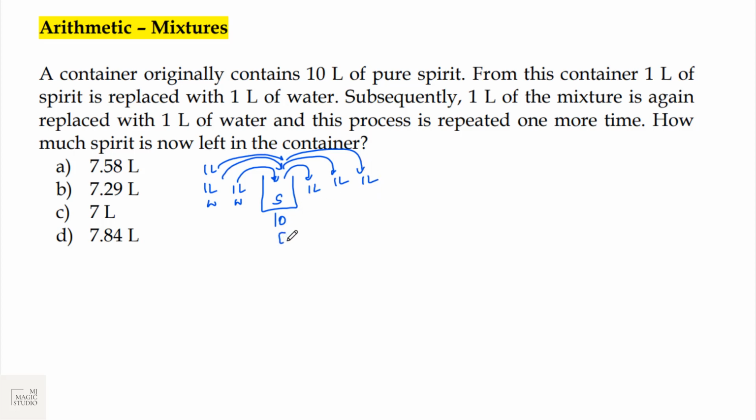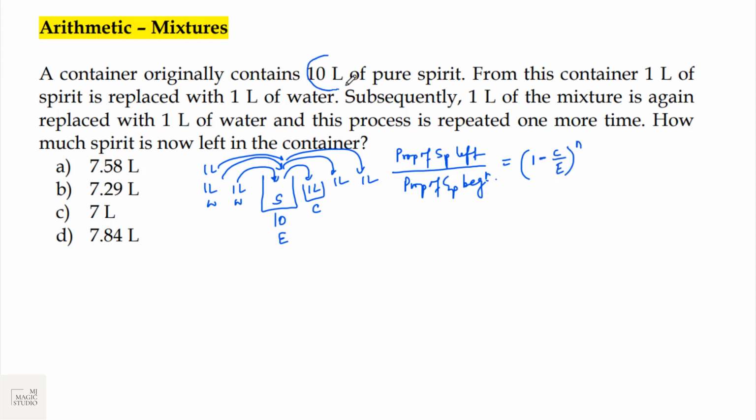Suppose the original capacity of the container is E, and these are the small containers C. Then we can follow a simple formula. Proportion of spirit left divided by proportion of spirit in the beginning equals 1 minus C by E to the power n.